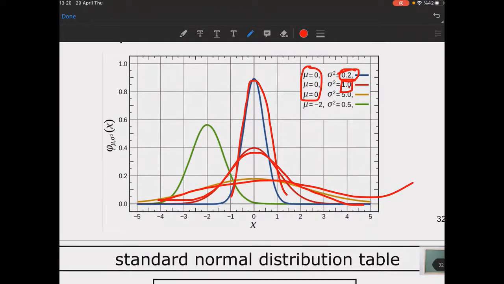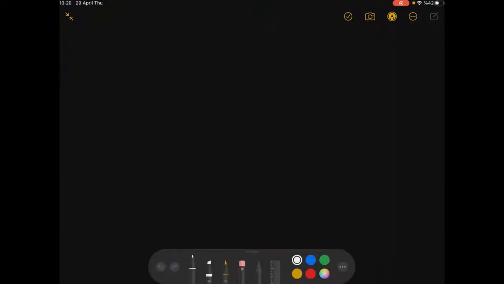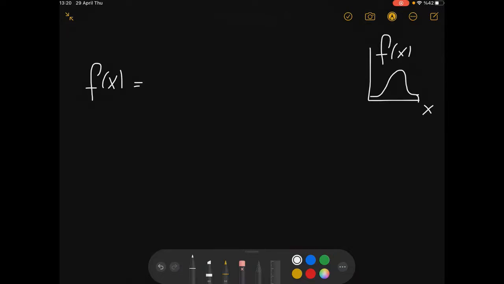If we look at how we have this distribution, this is our x and f(x). We're trying to calculate the area under this curve, right? This is what we're dealing with, and we need to have its function.